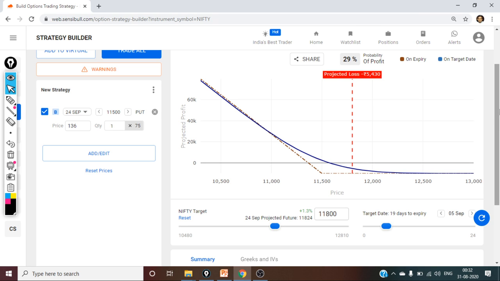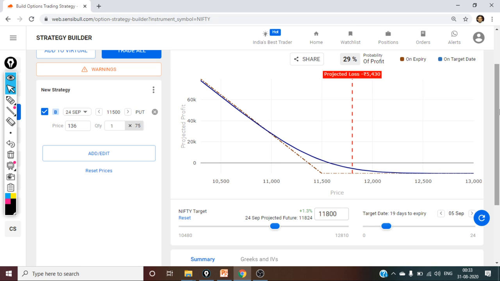I think the stock will fall, but the stock starts rising. I lose 5,000 rupees, but I don't want to lose more. And if the stock reverses, that means if it starts falling again, I want to make money. So I preserve the probability and I want to reduce the loss.